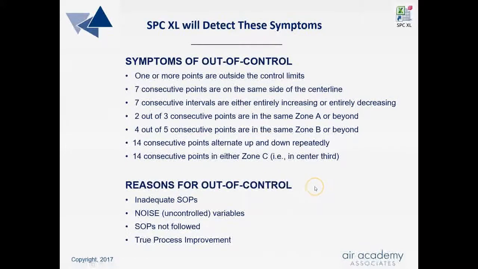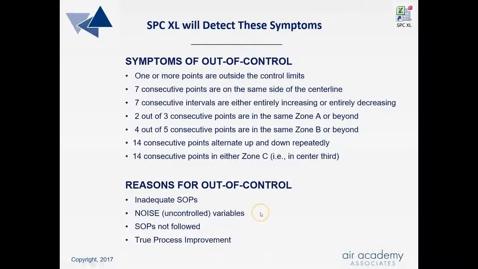When we hear that in the English language, typically that means bad things. And of course it can be bad things, but it can be good things. It can indicate true process improvement, as well as not having good SOPs, standard operating procedures, noise variables interfering with our process, and standard operating procedures not followed. But it could also indicate true process improvement.